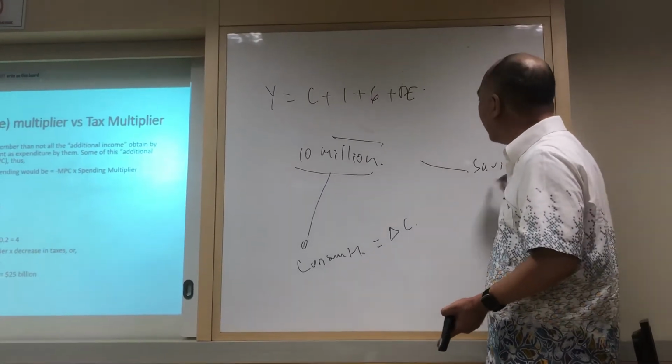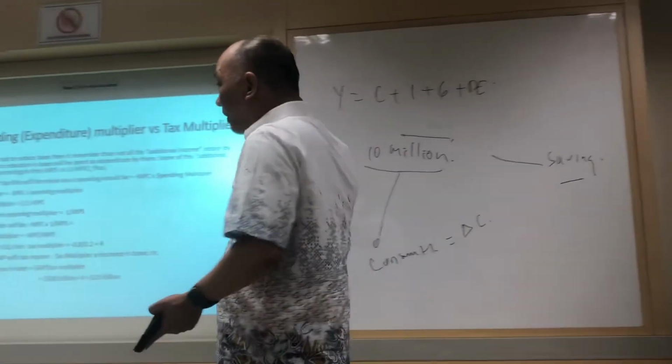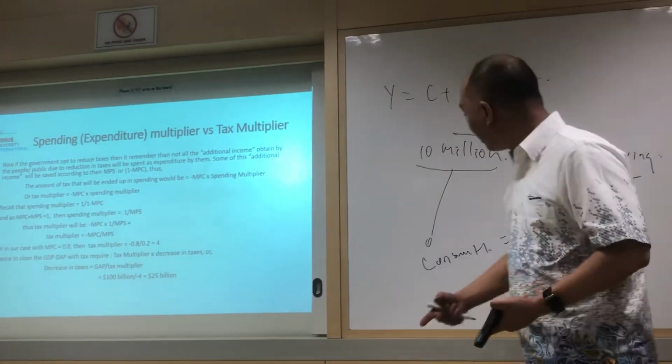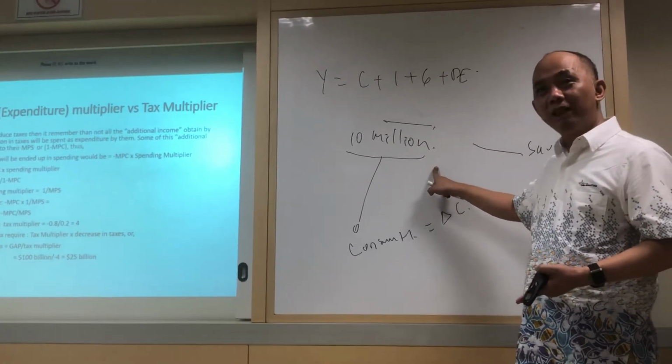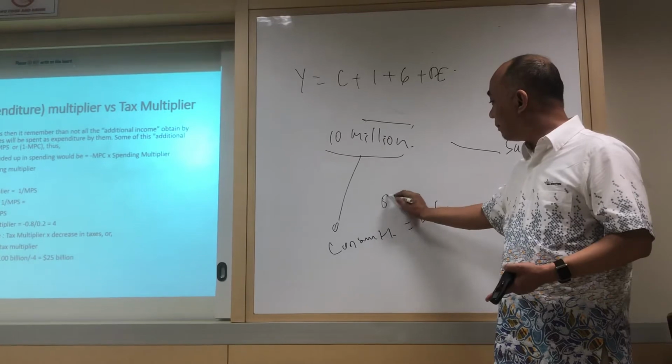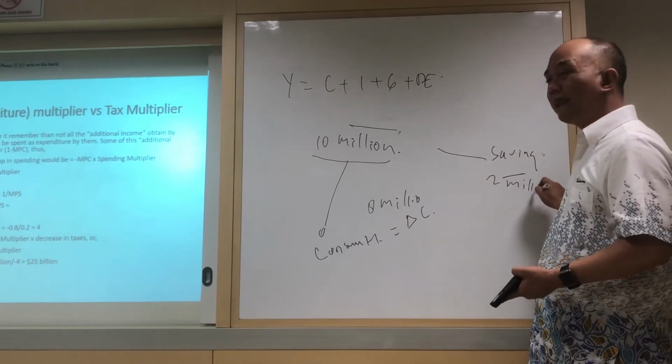Remember again, because some of this 10 million is going to end up in my saving account. Good. So for example, my MPC here is 0.8. So this 10 million, how much is going to end up in my expenditure? It's simply 8 million; 2 million will be in my saving.